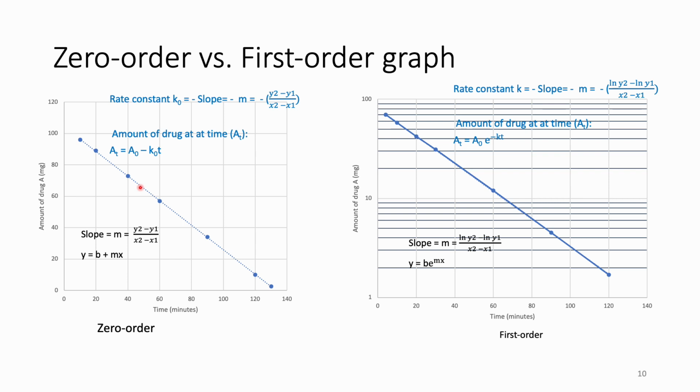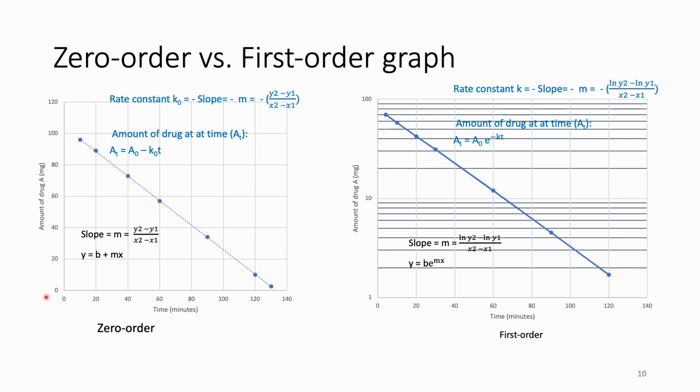For this case, you will predict the drug concentration or drug amount using this equation. And when you adapt to zero order in pharmacokinetics, you will adapt y, b, m, and x to the appropriate parameters.